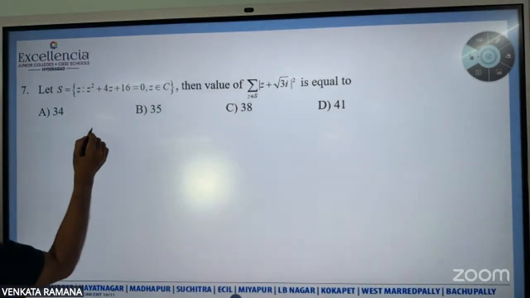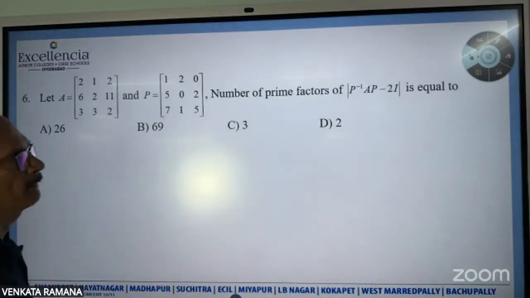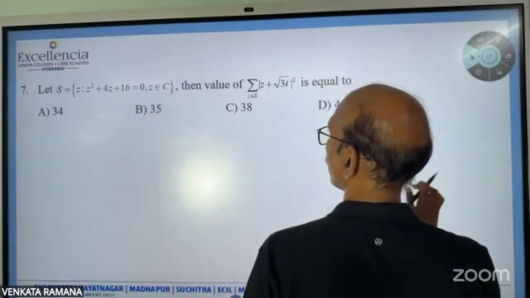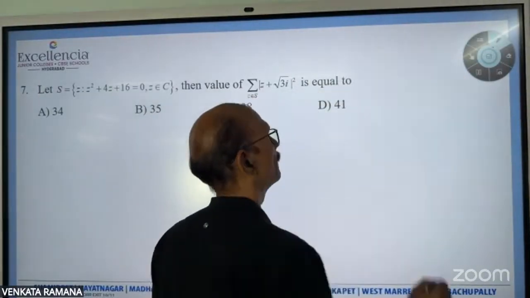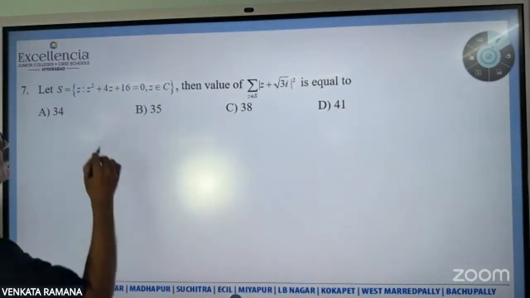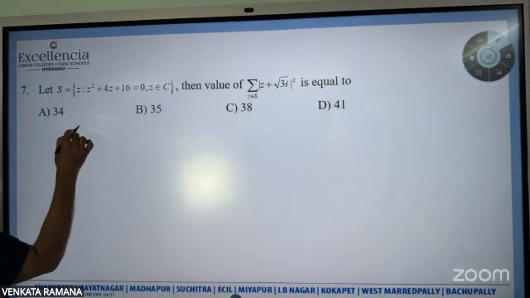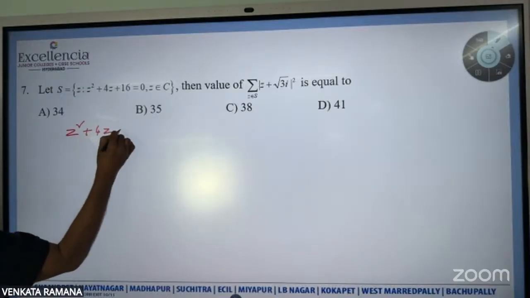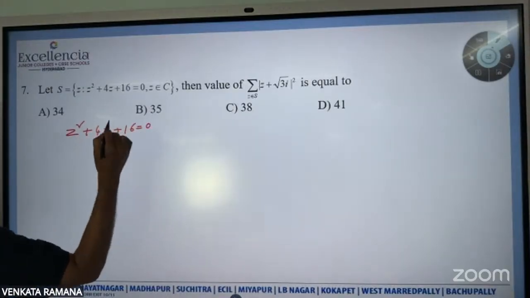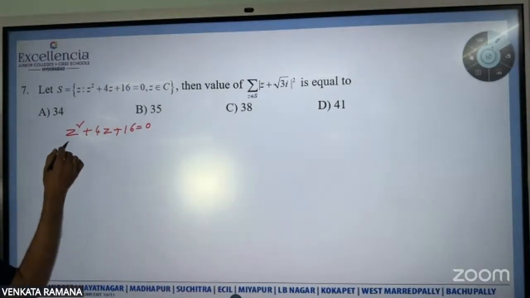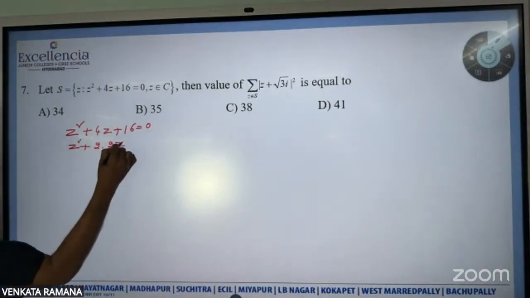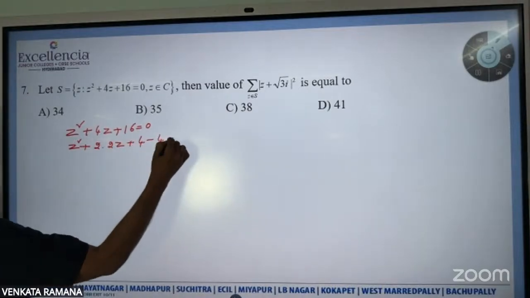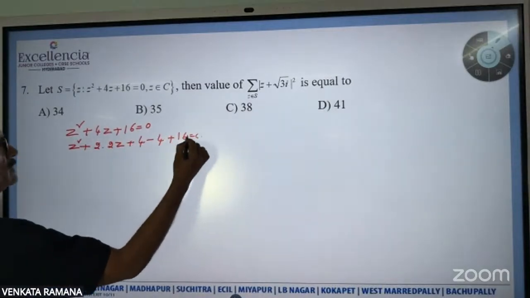Let us consider this expression: Z square plus 4Z plus 16 equals 0. Write it as Z square plus 2 times 2Z plus 4 minus 4 plus 16 equals 0.